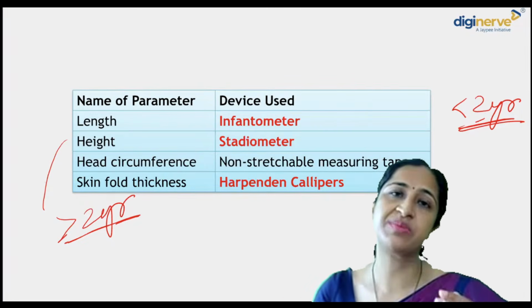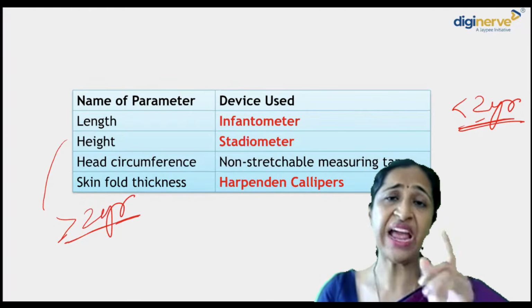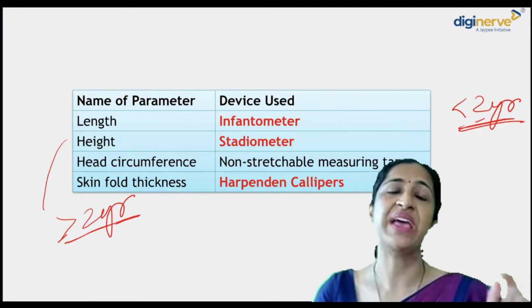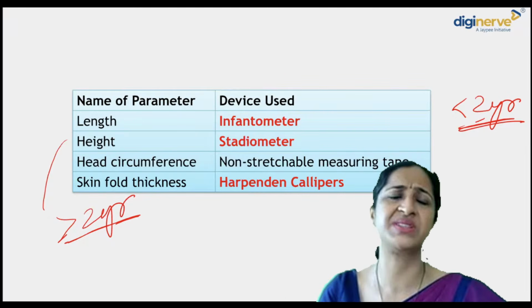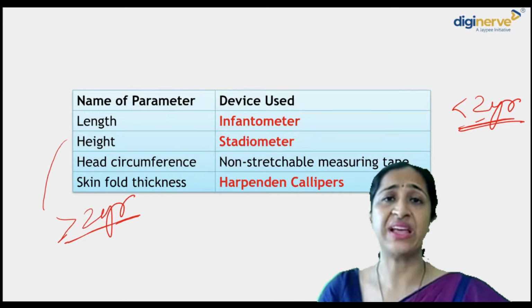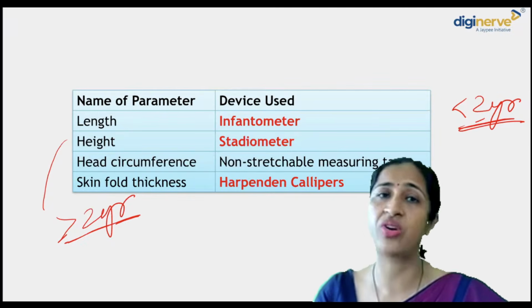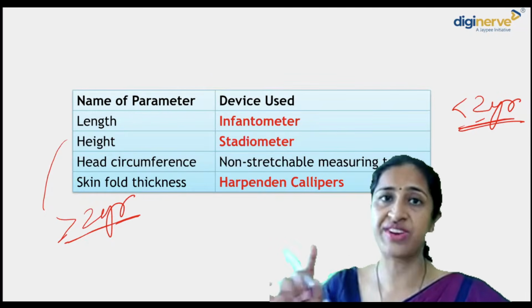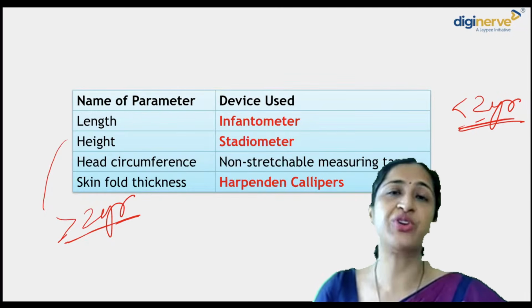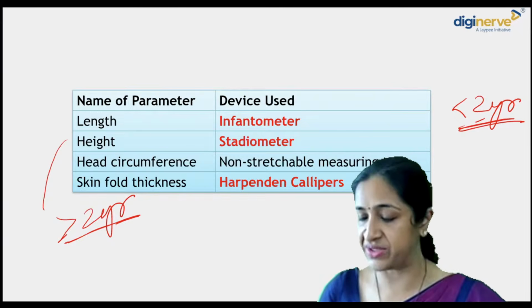The options have also been written as measuring tape and non-stretchable measuring tape, viscous material measuring tape. These all were the questions which I've seen. Now this viscosity, stretch and all are not there. They're all wrong answers. The correct answer is non-stretchable measuring tape. Skin fold thickness, Harpenden calipers.